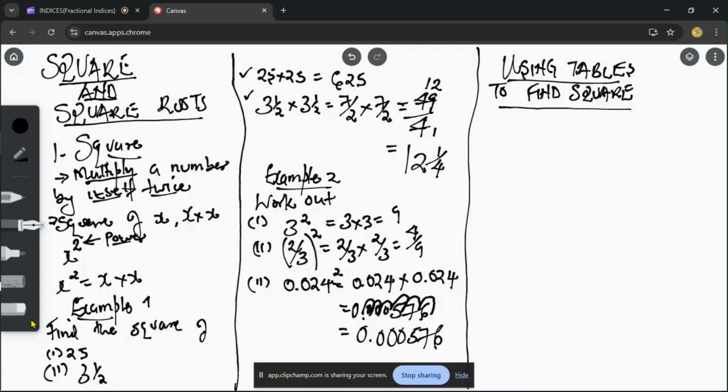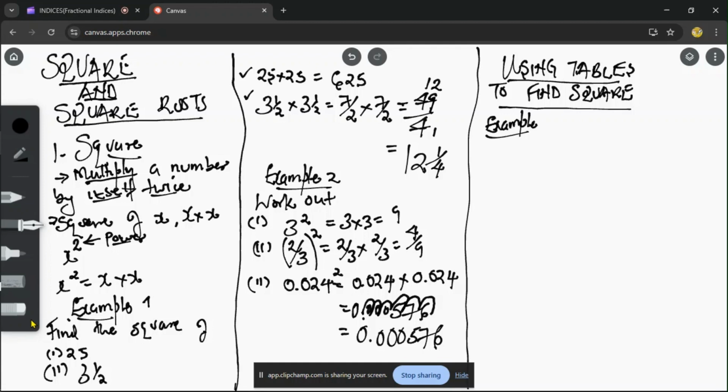And I'll pick a number of examples. For example, let me first of all begin with this one. Let me take 3. I want to find the square of that one using tables and see how my answer will look.